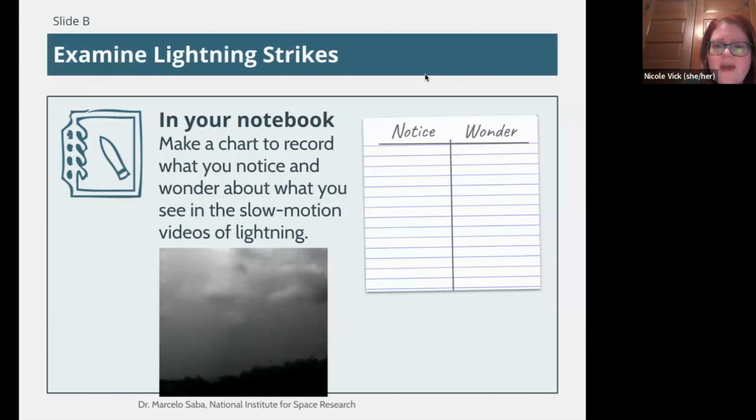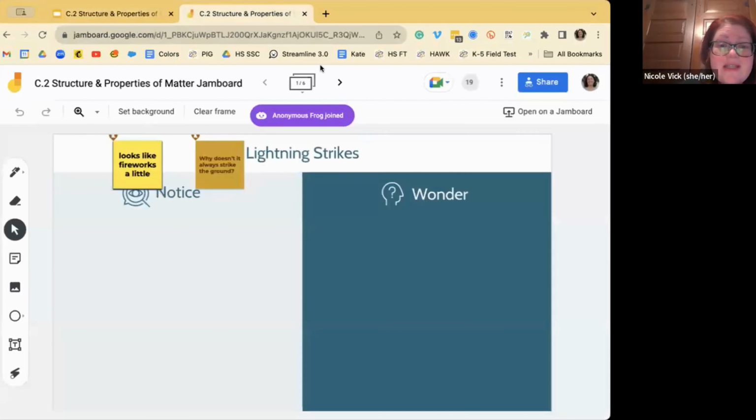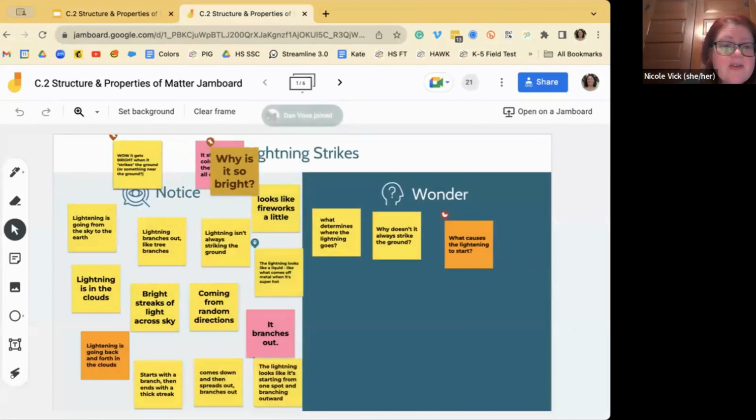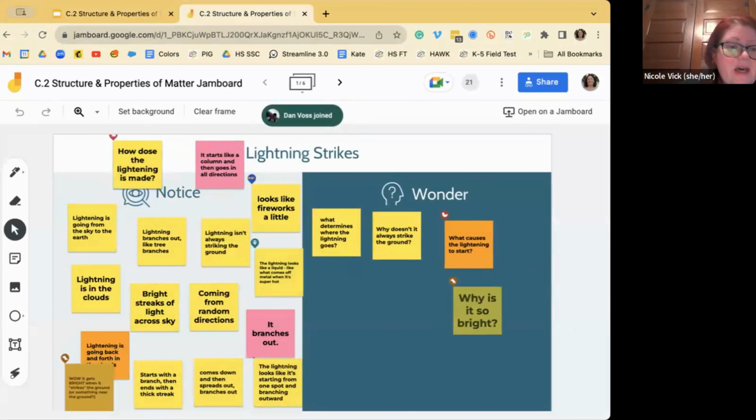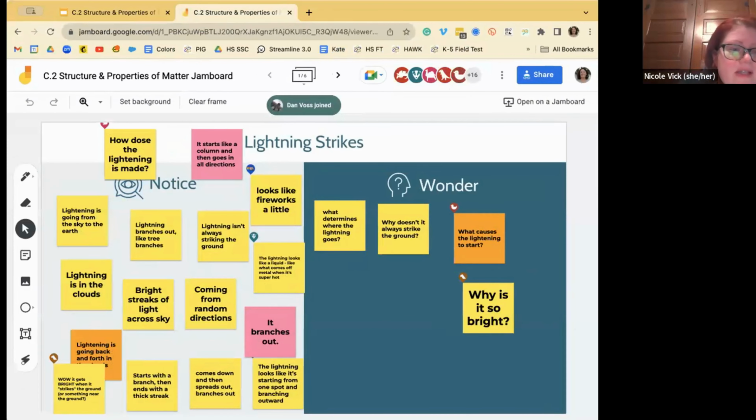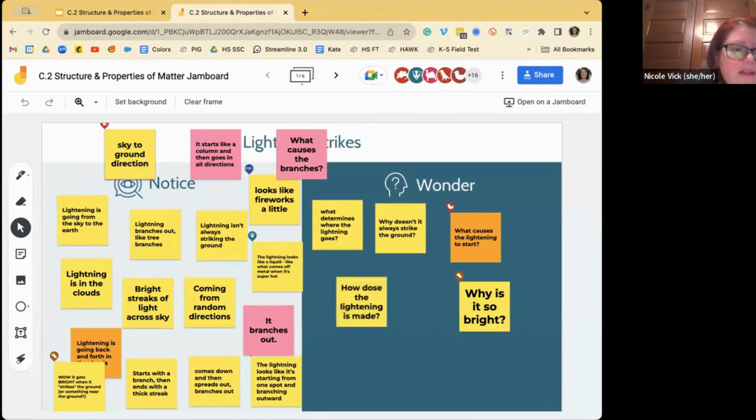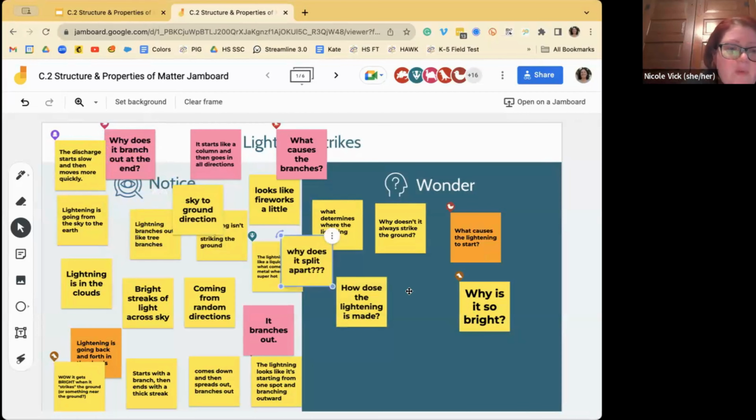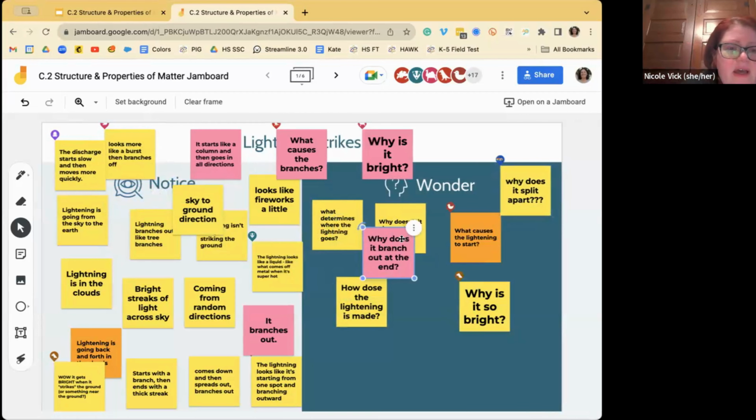Okay, so I'm seeing a lot of noticings come up in our Jamboard here. Looks like fireworks. I see a couple of folks have added that it's branching out like tree branches, starting from one spot and branching out.